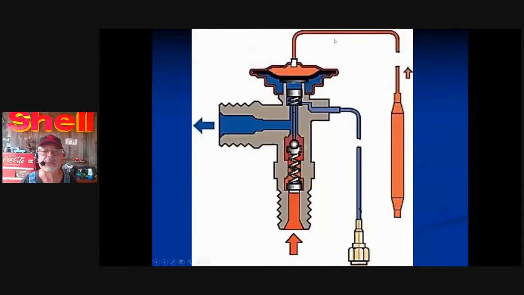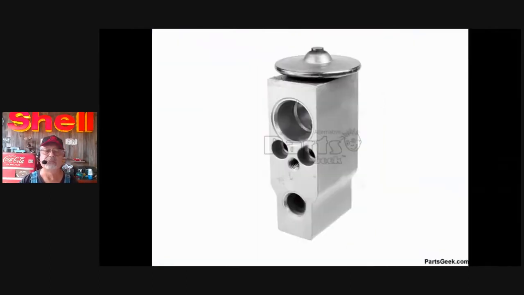On this particular expansion valve, the red and the blue still mean the same thing, but this particular expansion valve not only has a sensing bulb, it also has this little pipe. This is for refrigeration oil to directly enter this section of the valve. You mean these moving parts inside the valve need lubrication? Yes, they do. So this particular one is a little bit different.